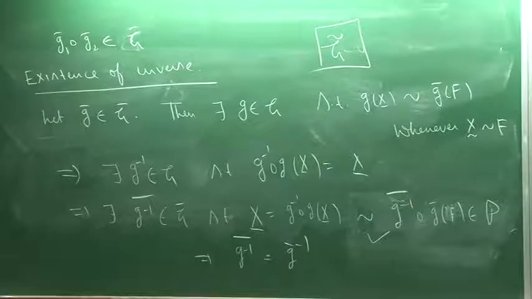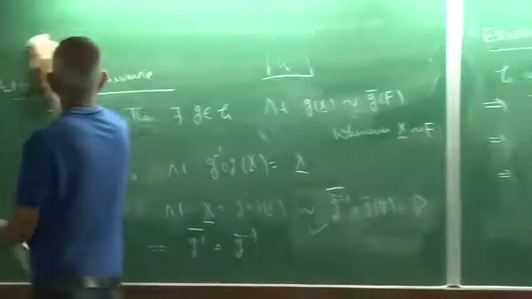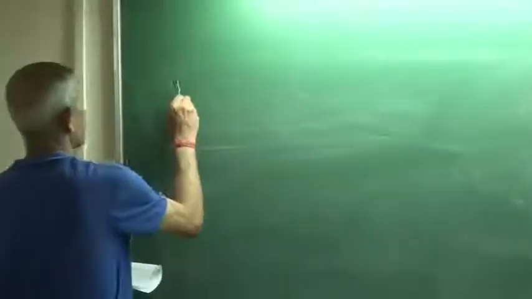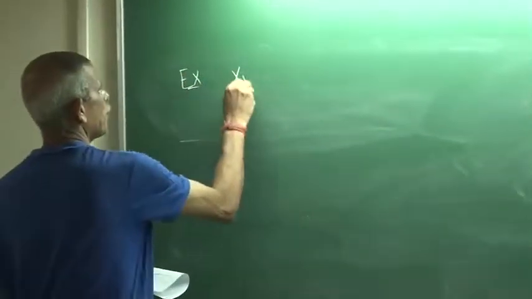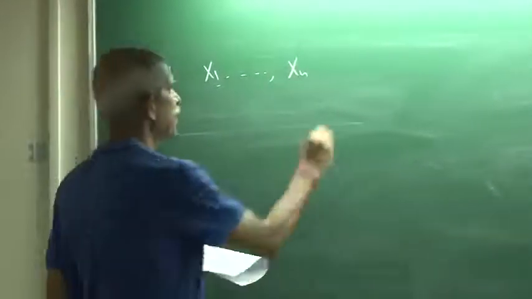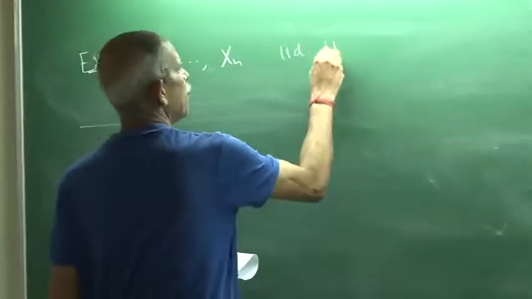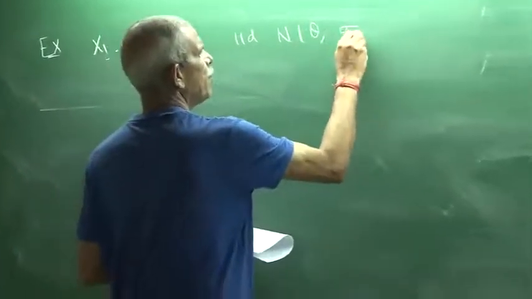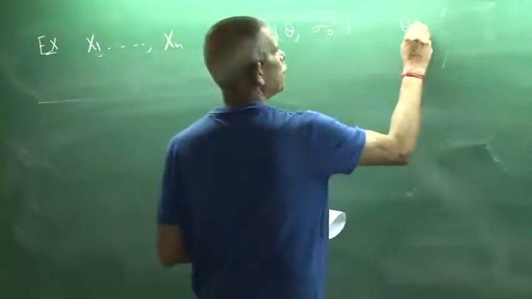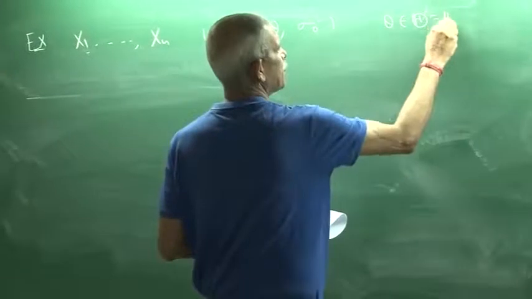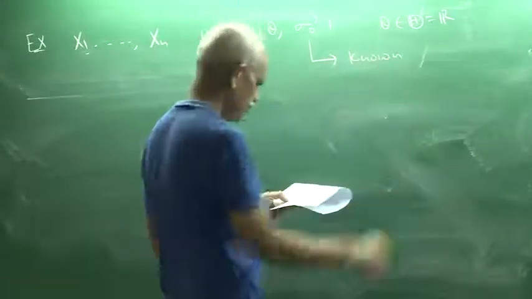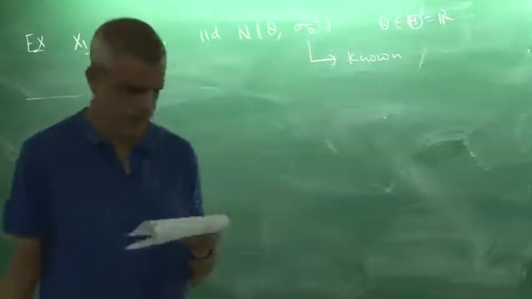So yesterday we did a problem on the normal distribution. Suppose x1, x2, ..., xn is IID normal(theta, sigma naught square), theta belongs to capital Theta, which is the same as R. This is known, so there is only one parameter.